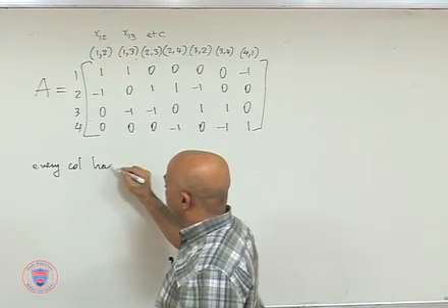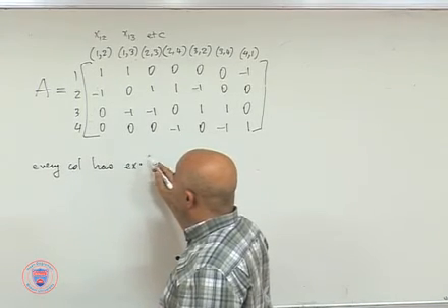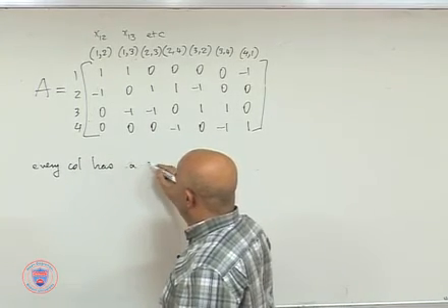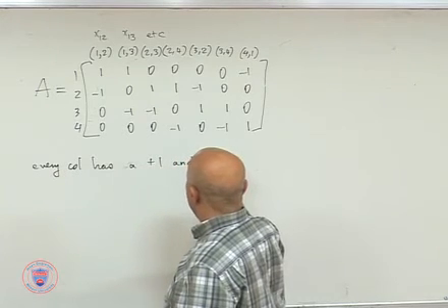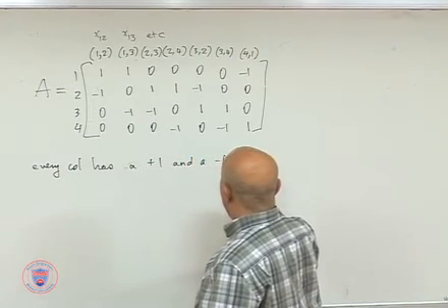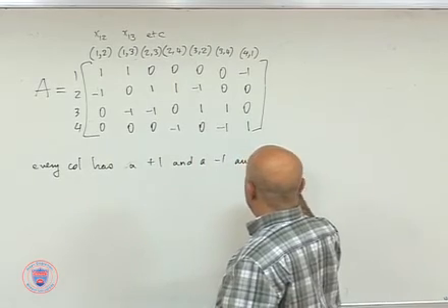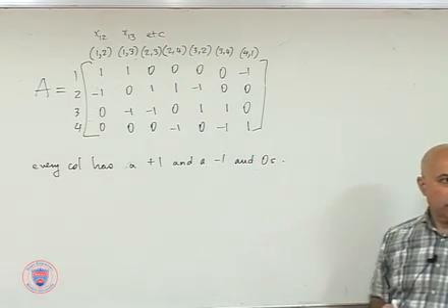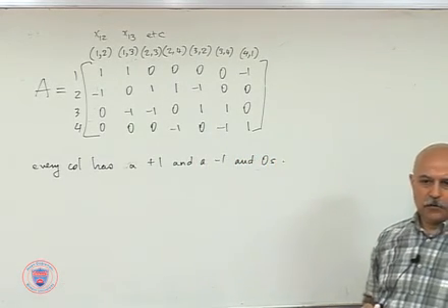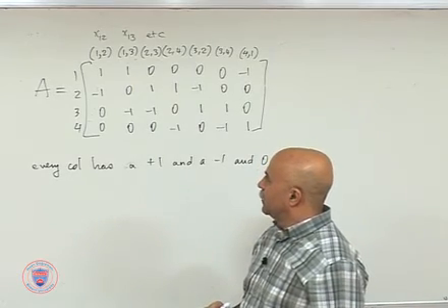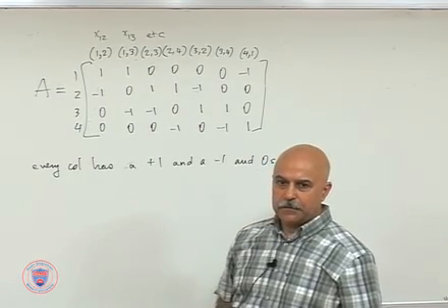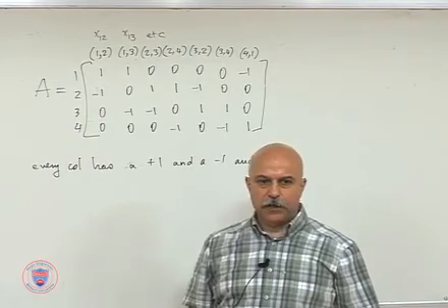Every column has exactly a +1 and a -1 and zeros. One +1, one -1, and zeros. That's an important special property of this matrix.